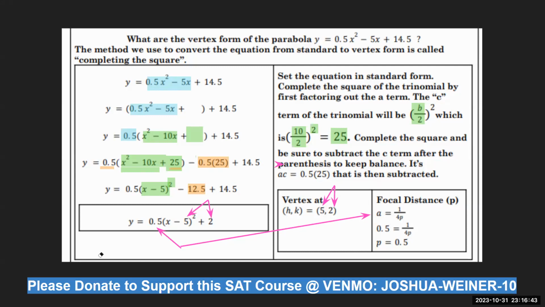So amazingly, the focal distance, which is the distance from the vertex to the directrix line and the distance from the vertex to the focal point, is exactly a half unit along the axis of symmetry.